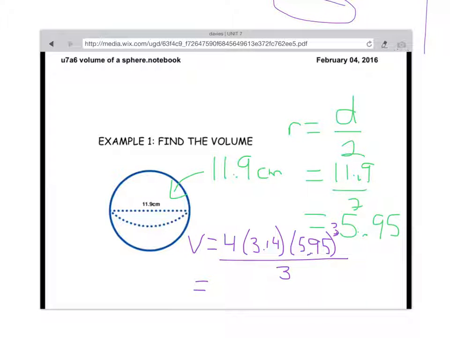So if you put that in your calculator and you work it all out, we have approximately 881.9. And our units, because again, this is volume, so that's a three-dimensional unit, is going to be centimeters cubed. And that's all there is to finding the volume of a sphere.